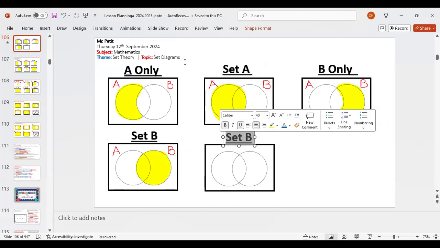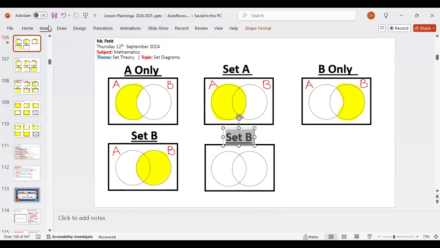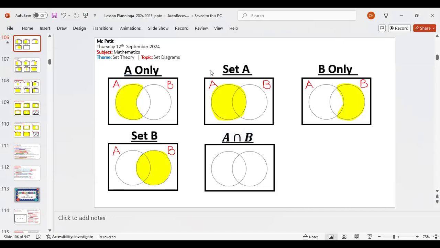All right, so let's say we want A intersect B. If I want to shade the intersection, which part would that be in my diagram?